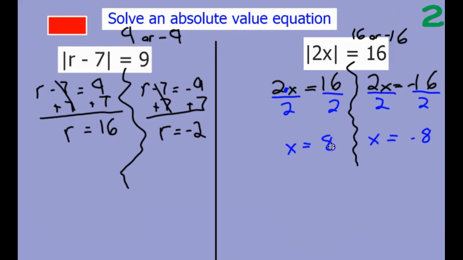So because we have the same number, 8 and 8, but one is positive and one is negative, how we could write that is x equals plus or minus 8. That means either positive or negative 8. You don't have to write it out 2 times, you can just put plus or minus 8.